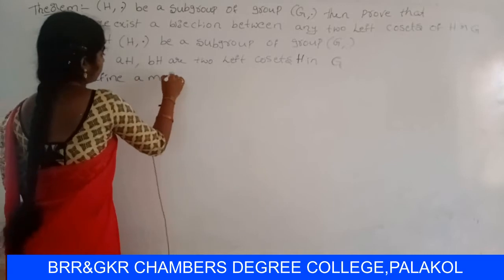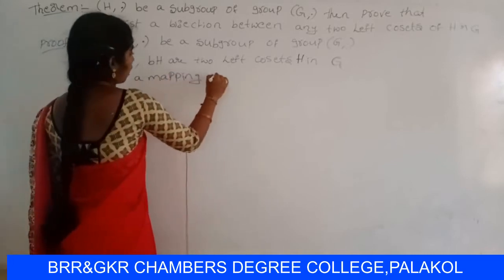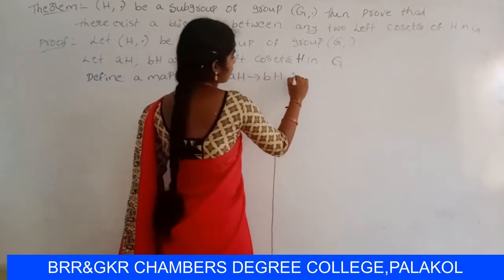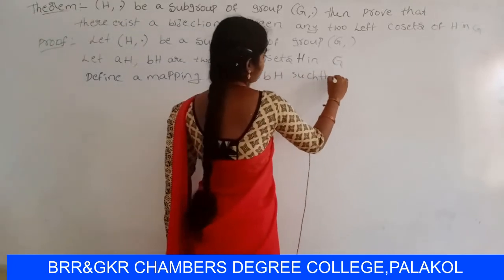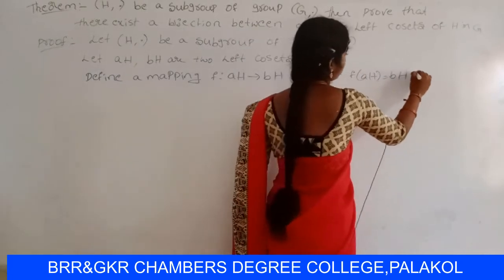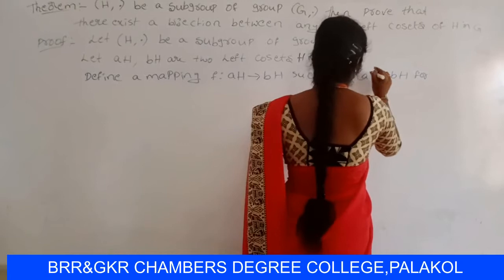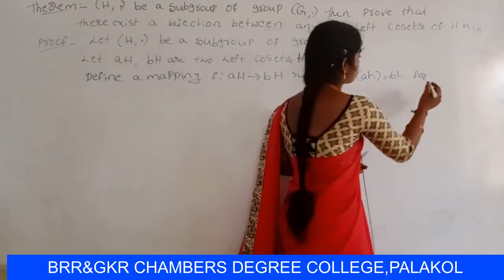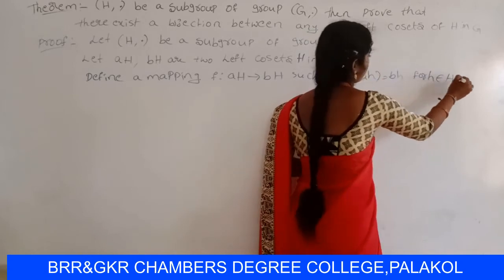Define a mapping f that maps aH to bH such that f of ah equals bh for all h belongs to H.